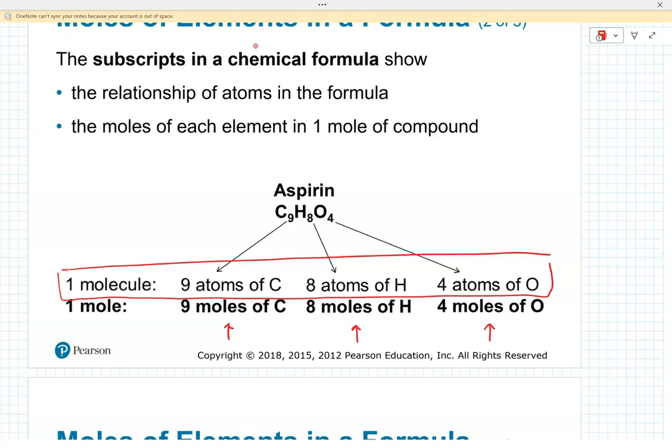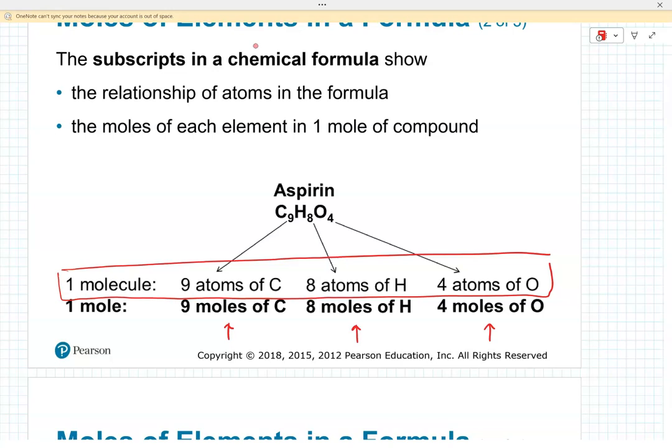In one division, there are 4 teams. How many quarterbacks total are in the division? 12. How did you get to this? Say again? 4 times 3. Thank you very much. Yes, 4 times 3.